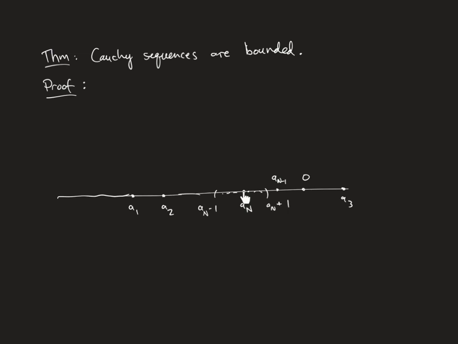We'll have to take the absolute value of a sub N, that'll get us here, and then we have to go one further than that to be ensured that we have all of this stuff. And we also have to take into account the absolute values of all of the outliers. So our M that we're going to bound this by: all of our a sub n's are less than or equal to the max of the absolute values of a1 through a sub N minus 1, and then the absolute value of a sub N plus 1. This conclusion just comes from studying this picture here.